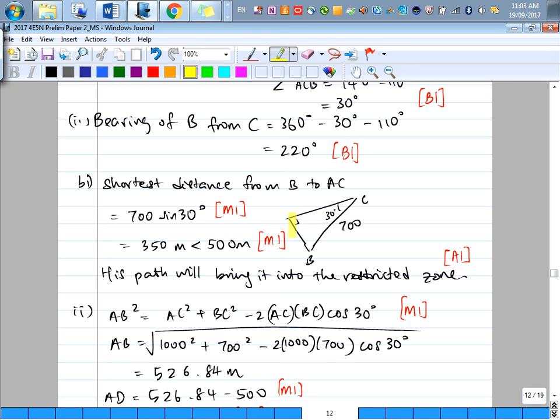So I'm trying to find the shortest distance, which is 700 times sine 30. This is smaller than 500 meters. It is smaller than the radius. So it will cut through. So his path will bring the drone into the restricted zone.